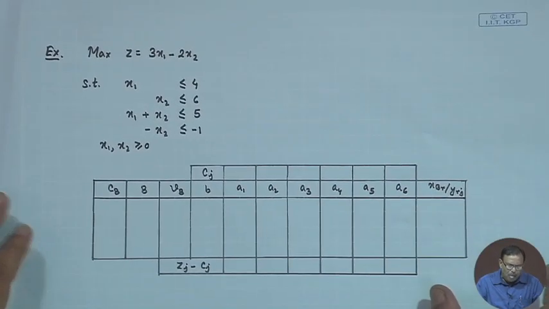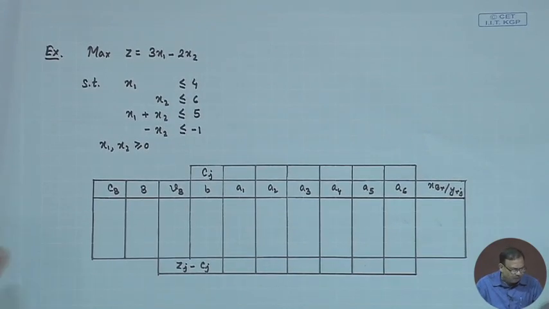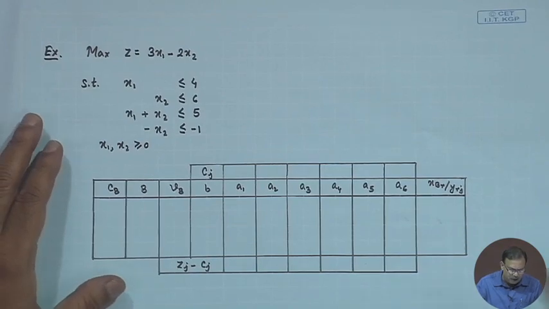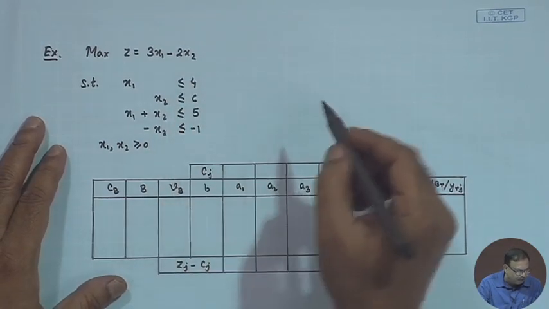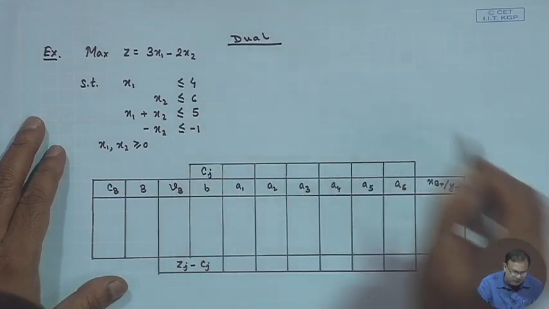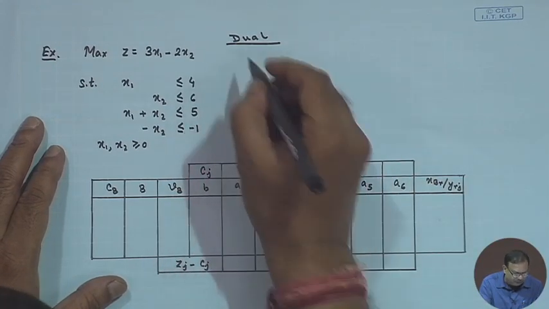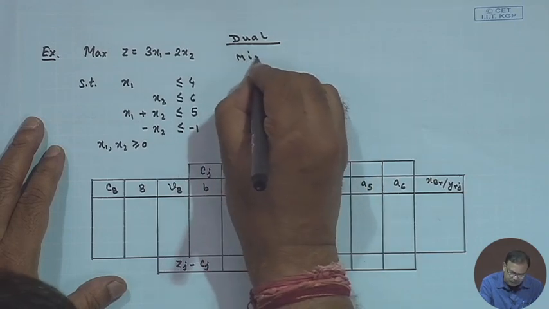Now, let us see how to find the solution of a dual problem. We will come to this one later. So, this is your original problem, and its dual. Let us write down what is the dual of this problem first. Dual of the problem will be minimize.